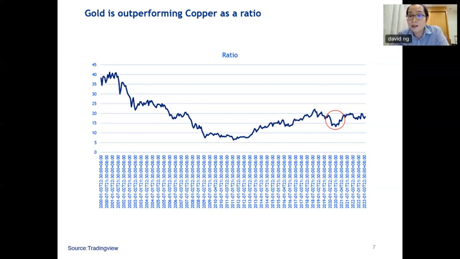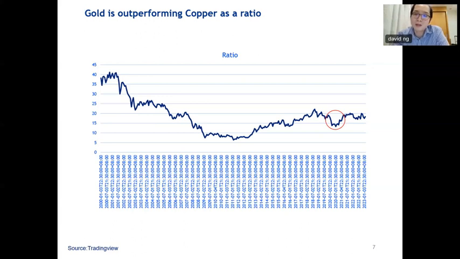We saw that back in 2020, at the start of the COVID-19 pandemic, the ratio declined. That shows that gold was outperforming. If you look at the ratio currently, there's a slight decrease, but the overall trend is still pointing sideways or probably down, a more downward bias.